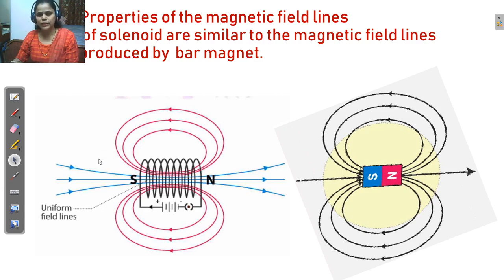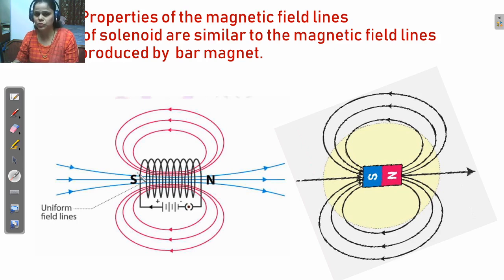Just revise it. If we flow the current through the solenoid, then magnetic field lines are produced, and the direction of the magnetic field lines outside of the solenoid is north to south, and inside of the solenoid is south to north. Understand?